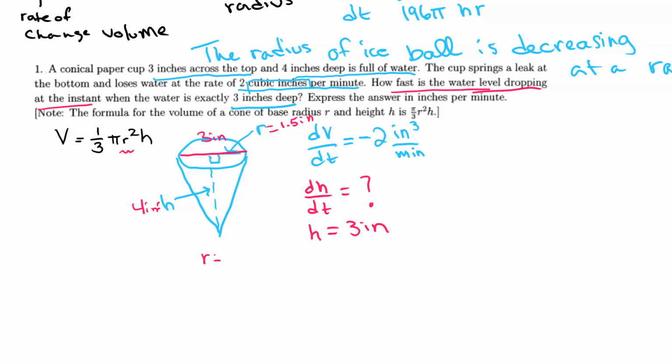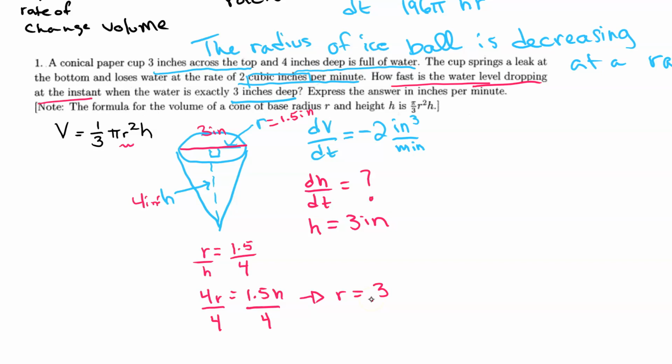So we've got r over h. If we're thinking about initially, we've got 1.5 over 4, right? So that tells us that 4r is equal to 1.5h. We want to get rid of the r in the equation, so we're going to divide both sides by 4. And then we've got r equals 0.375h.